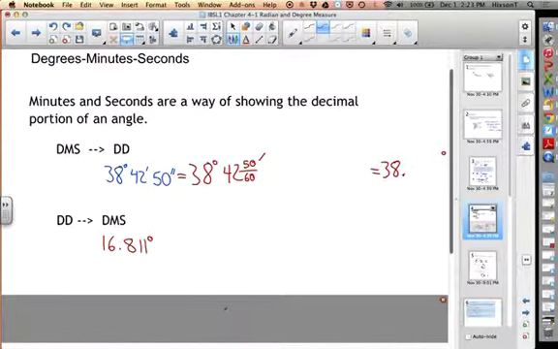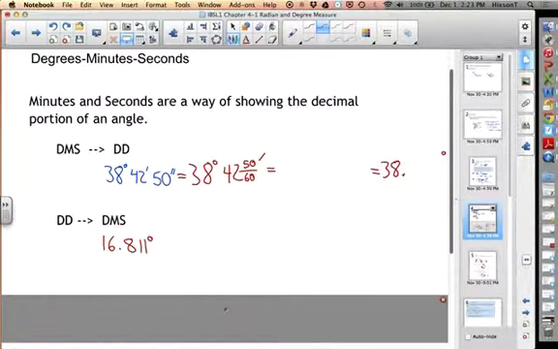Okay? Now, this obviously is not hours, they're degrees, but it acts the same way. How would we convert minutes to degrees? Over 60.